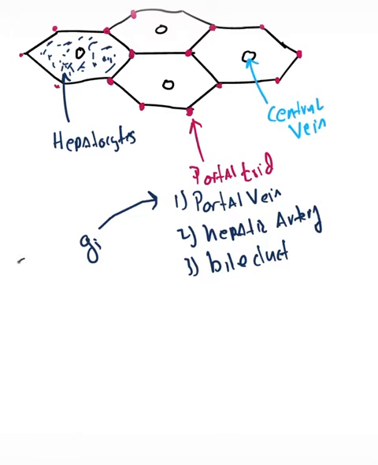What happens is nutrients, drugs, toxins, what have you, are absorbed through the alimentary canal, and then they go into the portal circulation, which ultimately goes to the liver. This is venous blood.